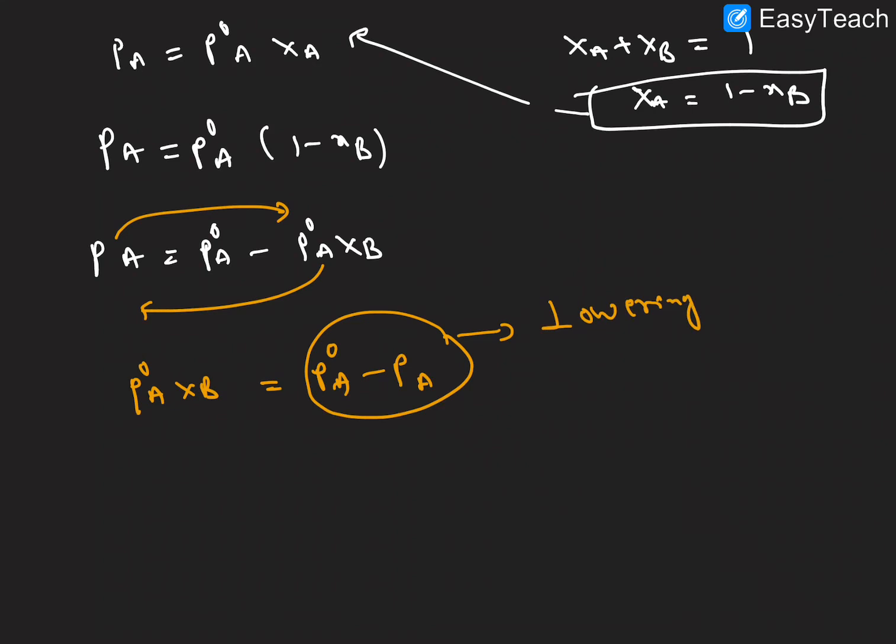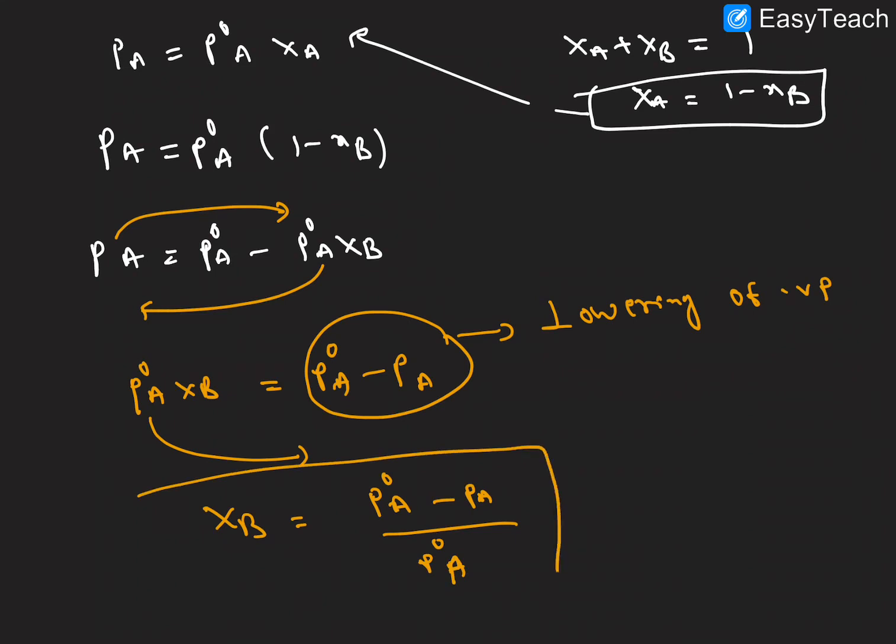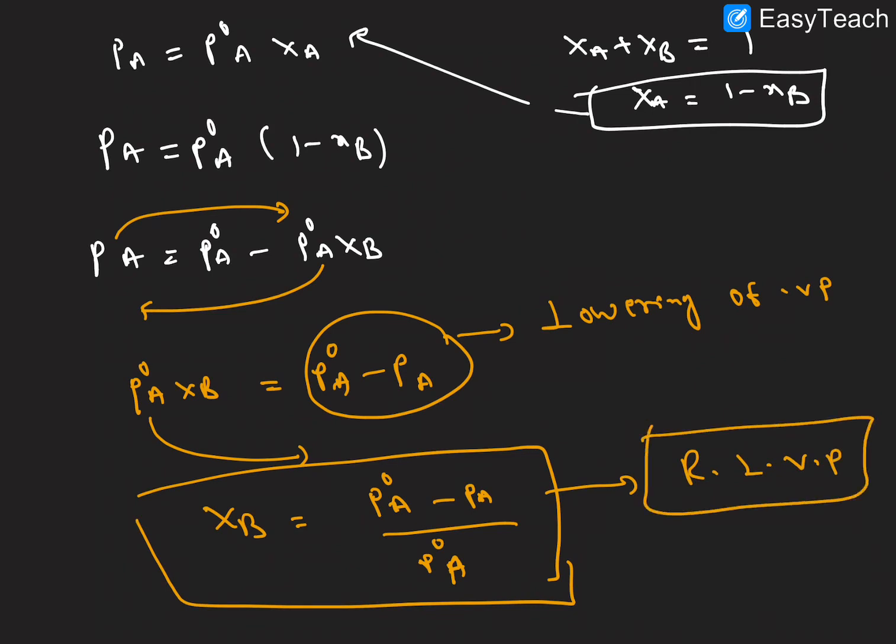Dividing by P naught A, XB equals (P naught A minus PA) by P naught A. This is called relative lowering of vapor pressure, RLVP.